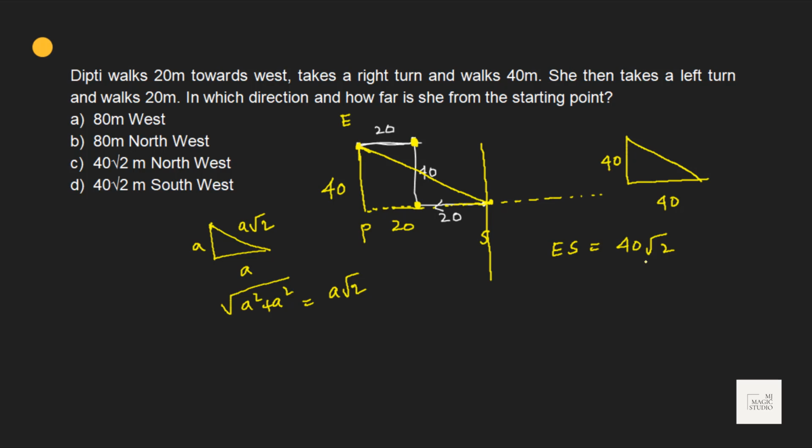So ES is 40 root 2 meters. That would be the shortest distance between the end point and the starting point. And it is in which direction? The cardinal direction this time is northwest. So direction wise northwest, and shortest distance is 40 root 2. So we have 40 root 2 meters towards northwest. Option C fits in.